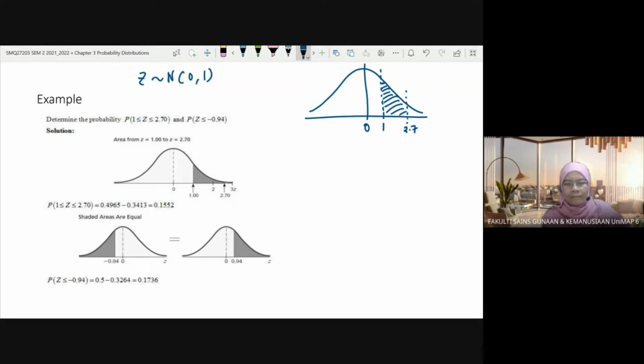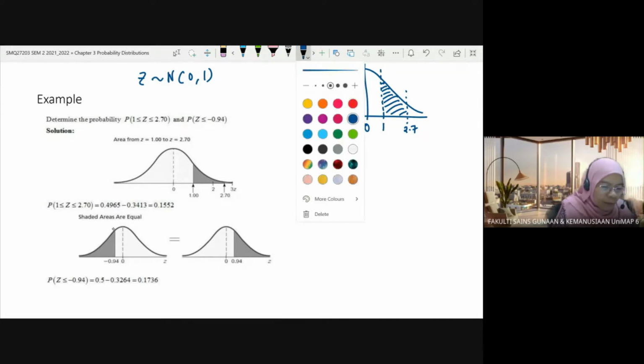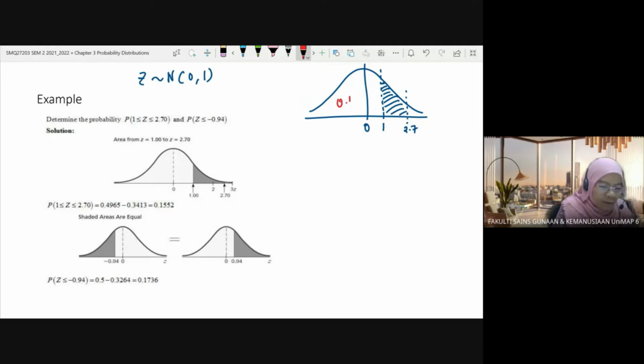Okay, since we are going to use our table just now, how are we going to solve this? We know, class, since we have a bell shape that is symmetric, it means that half of the probability distribution is given by 0.5. The other half is 0.5. So that will be our first understanding.